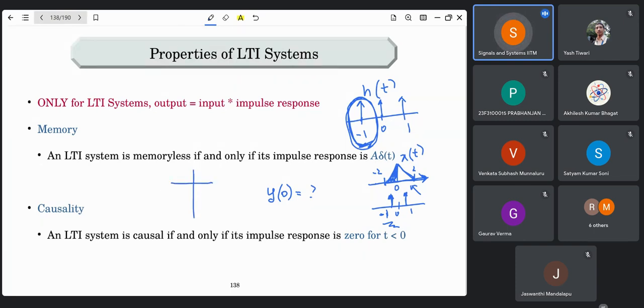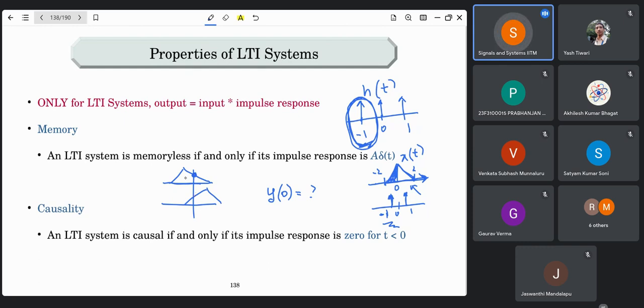The output at y of 0 is basically the sum of the signal at this point and at this point. So it depends upon whatever was the value that is present after 0.